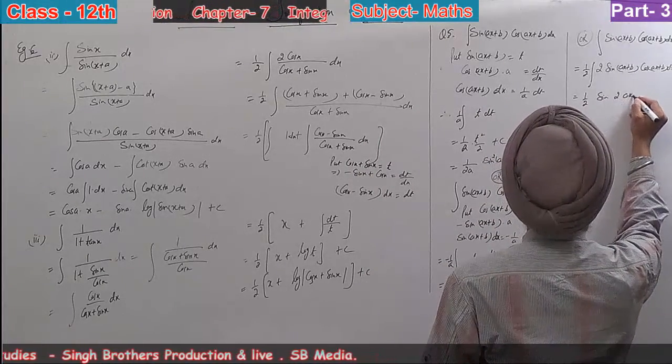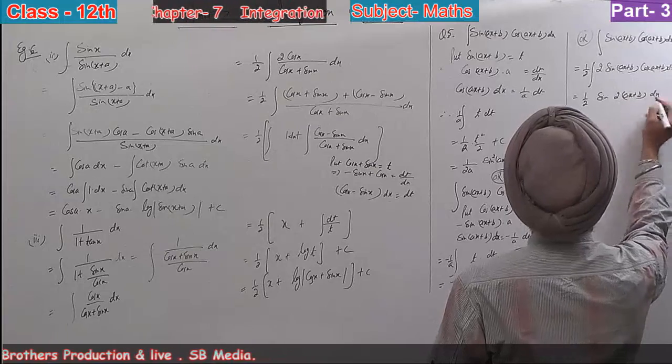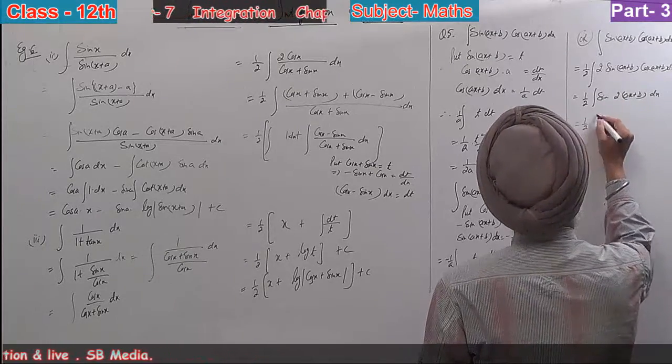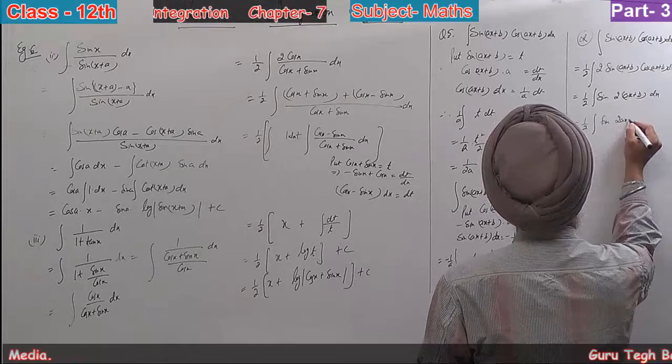So 2 times ax plus b, you can write it as sin 2ax plus 2b.